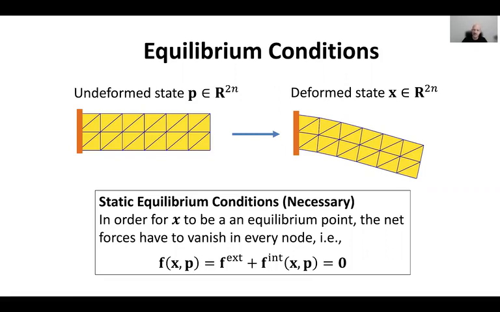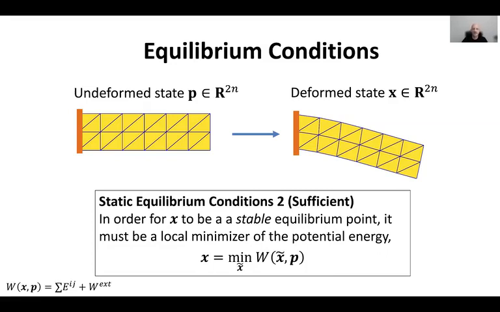In order for us to be at a stable equilibrium, which means that we can perturb the system slightly and it'll go back to the initial equilibrium configuration, we need a somewhat stronger condition, which is simply that the system must be the minimizer of the potential energy, where the potential energy is the sum of internal elastic energy and external energy.